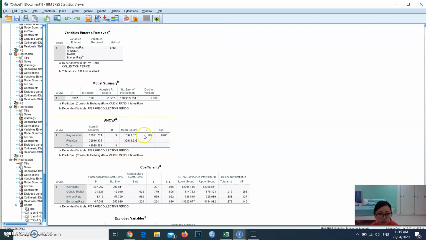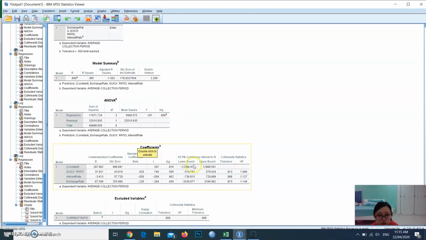From this table, we can see this model is not significant to the dependent variable. From this, we can see all three factors are not significant to the dependent variable.